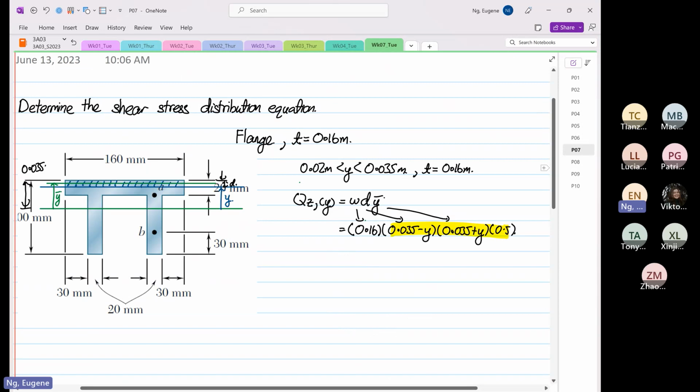So that's all I've done. C is equal to 0.035, so we have 0.035 minus y, then bracket 0.035 plus y, multiplied by 0.5. When you take this out, this will be equal to 0.16 multiplied by 0.5 times 0.035 squared, which is 98 times 10 to the power minus 6.